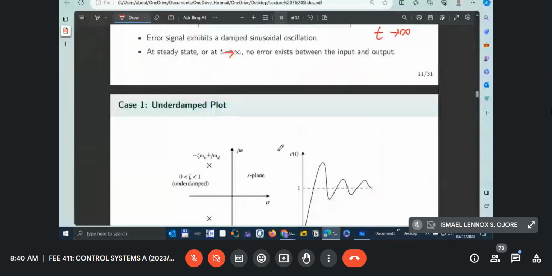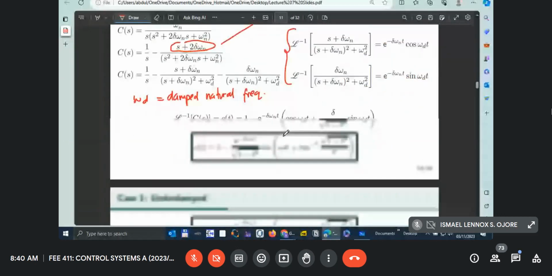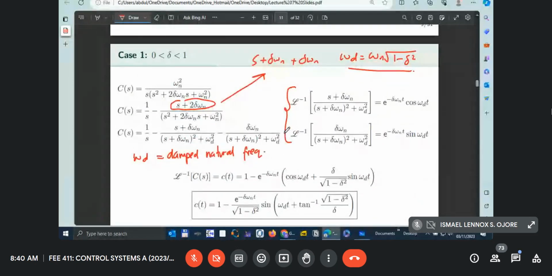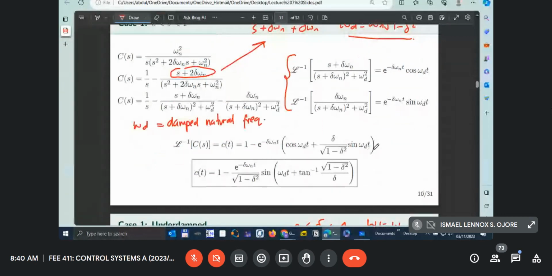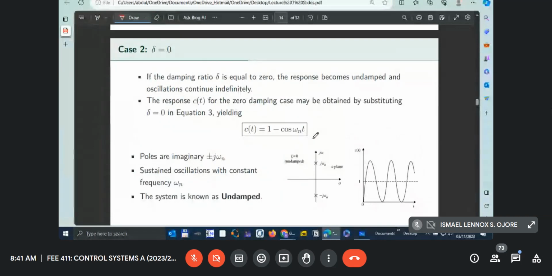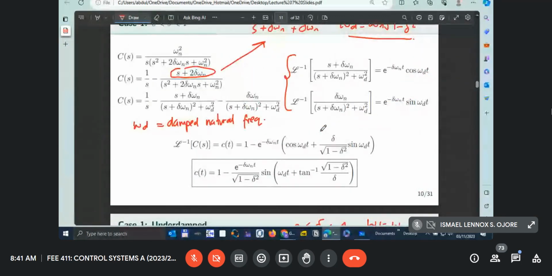If you go to equation 3 and set delta, that is the damping ratio, to 0, you'll end up with 1 minus cos omega_n t, because when delta is 0, omega d is just omega n.